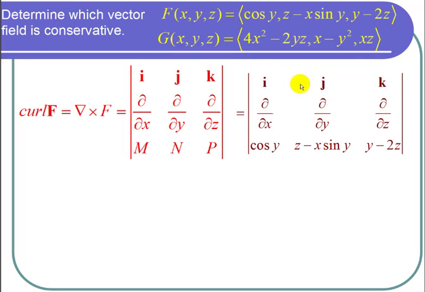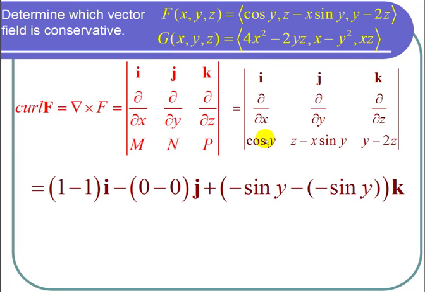To find the ith component, we take del over del y of y minus 2z, and the partial derivative with respect to y of y minus 2z is 1. And then minus, we take del over del z of z minus x sine y, and that's also 1.